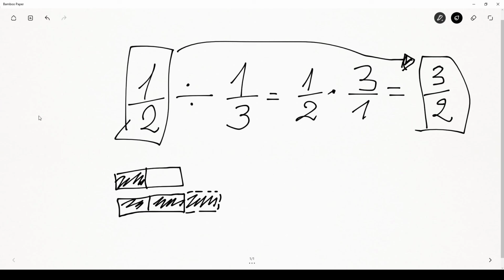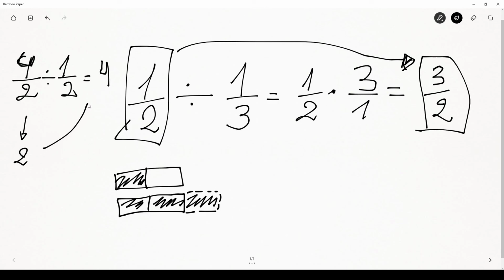And look at this. The same thing as before happened. We had 4 over 2 divided by half, and it doubled it because this was equal to 2, and dividing it by half made it equal to 4. It doubled, okay?